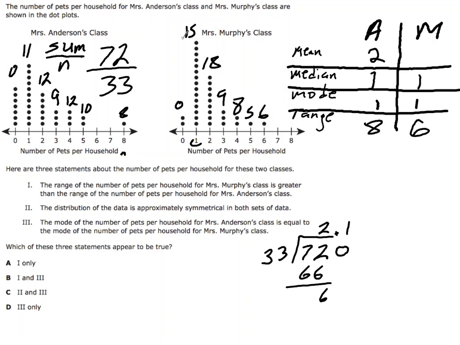So we add 15 and 18 is 33, 42, 50, 55, 61. And then there are 16, plus 15 is 31. Okay. So then we take the 61, divide it by the 31.